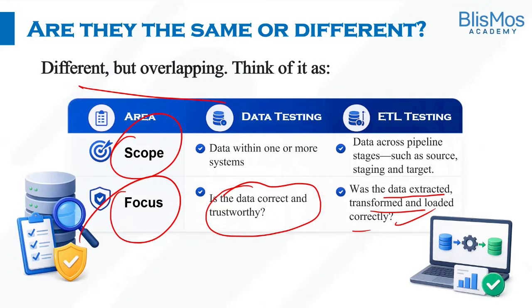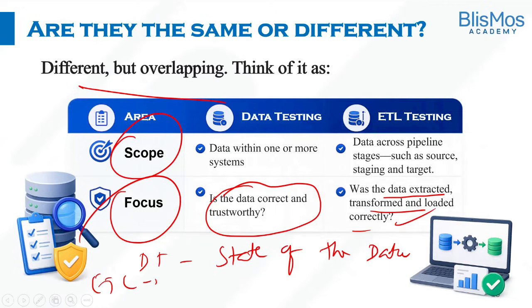So the easiest way to remember the distinction is that data testing focuses on the state of the data. ETL testing focuses on what the pipeline did to the data. For example, suppose the target table contains duplicate customer records.